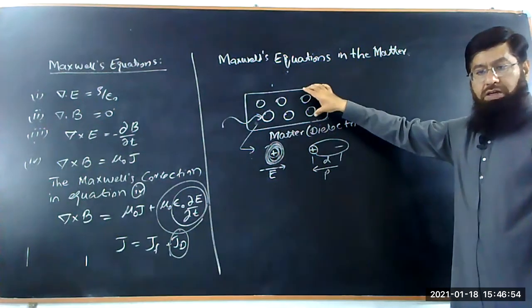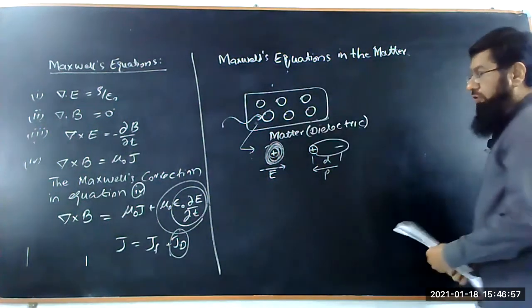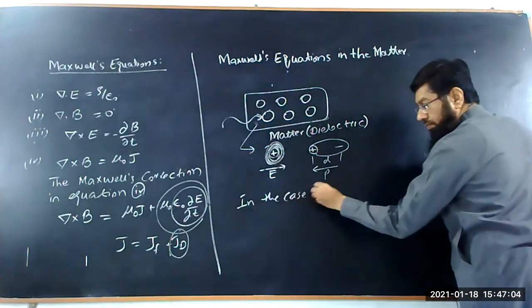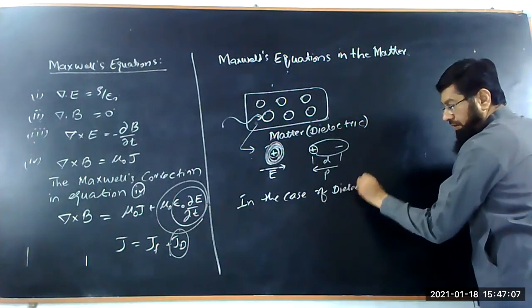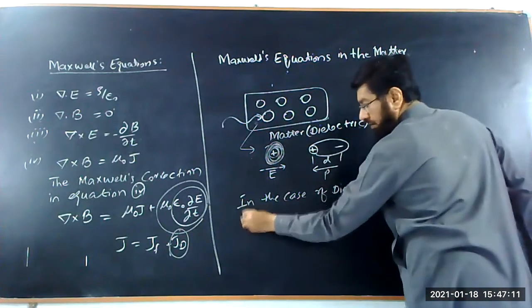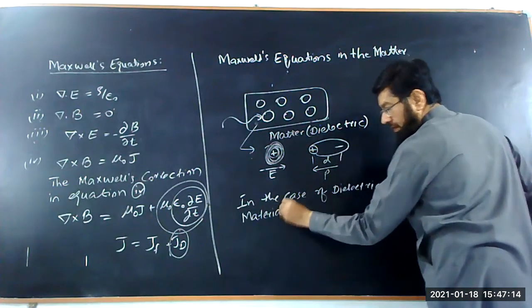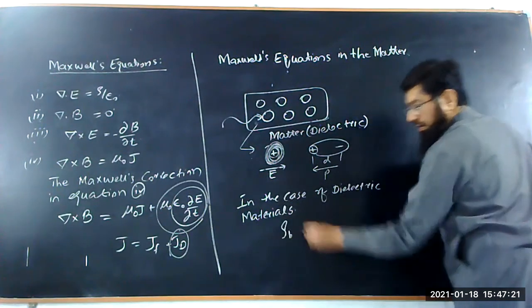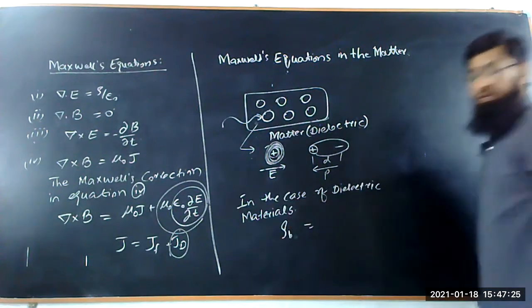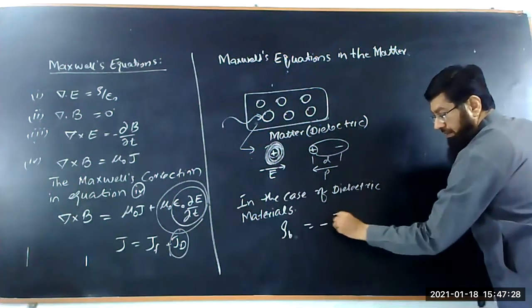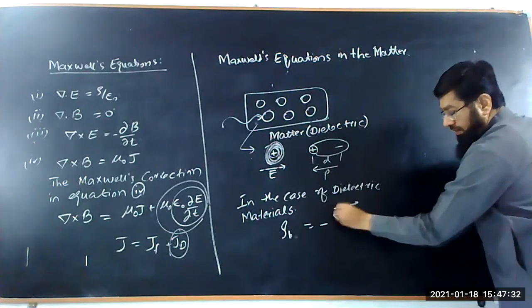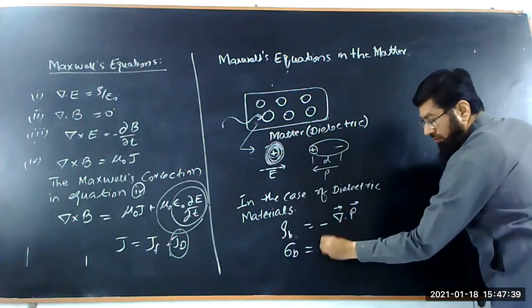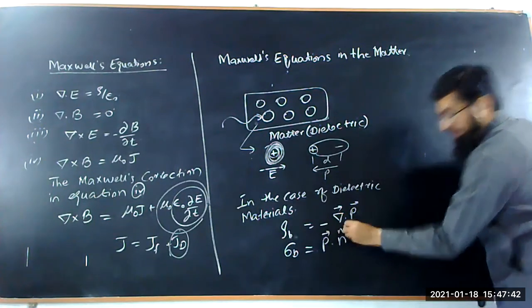So here there are two types of charges. One is the surface bound charges and the other is the volume bound charges. And we know that in the case of dielectric materials, rho of b, the volume bound charges, is equal to minus divergence of P. This P is the polarization vector, and sigma of b, the surface bound charges, is equal to P vector dot unit vector n.